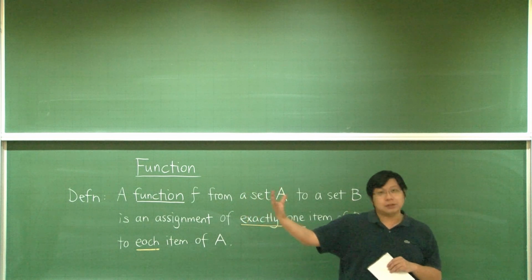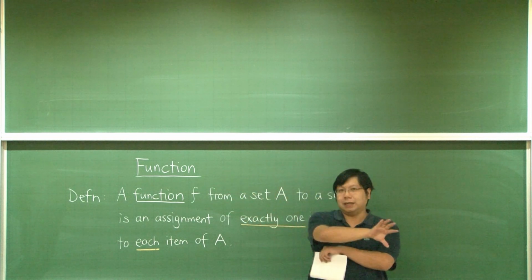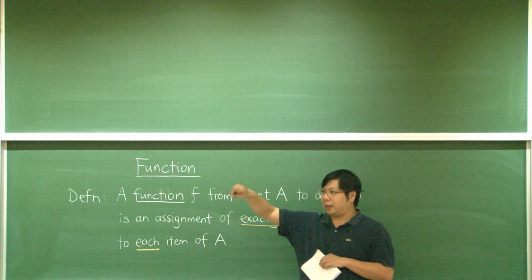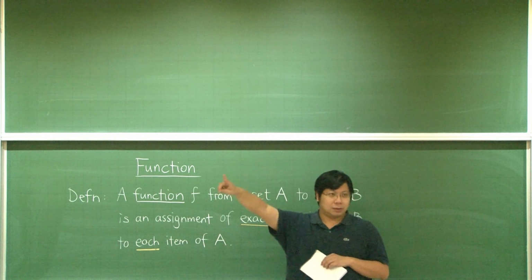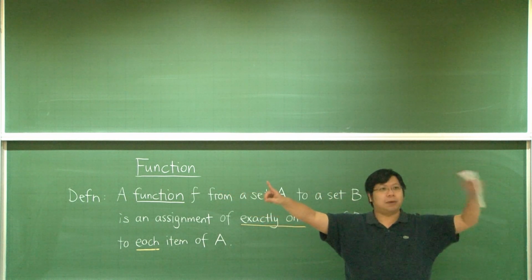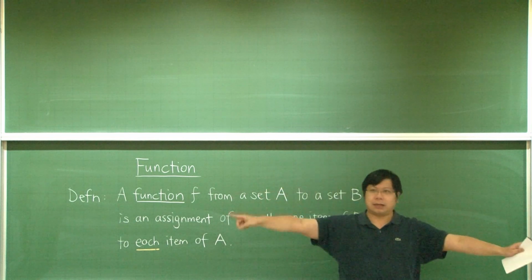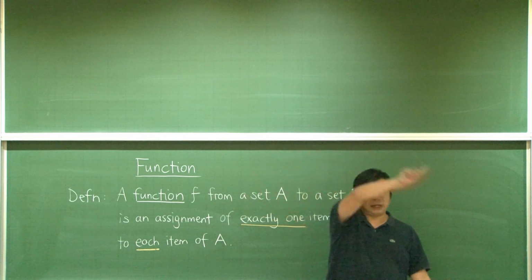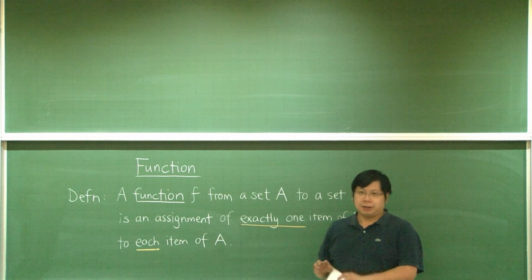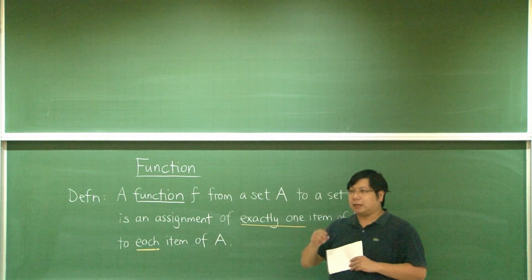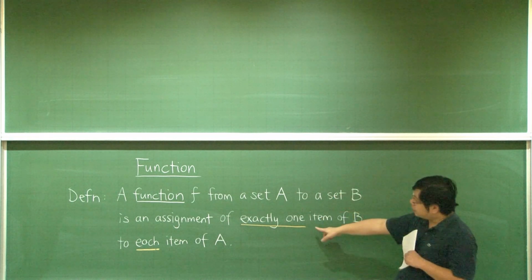If it is a function from A to B, then for each item in A, let's say item 1, we need to find exactly one item in B to assign to that item. I will give you an example very shortly, but there are two key points that we need to understand.